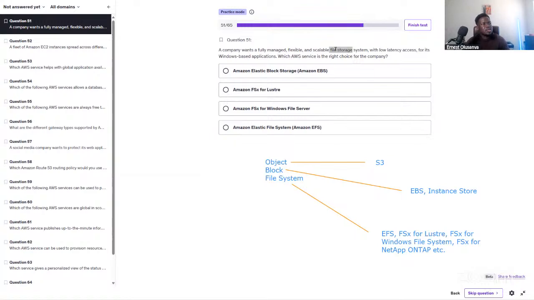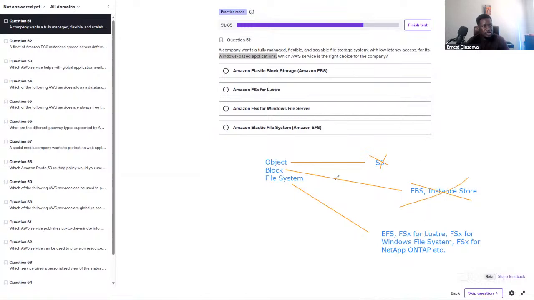It says it must be a file storage system with low latency access. We want it to be really fast. For its Windows-based applications, automatically we can cancel a bunch of these. So S3 is out because it's not a file storage system. We can cancel EBS and Instance Store because we're talking about this.